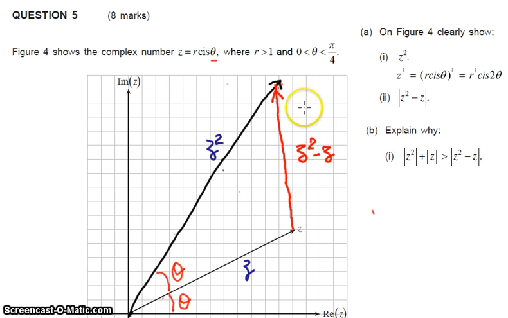And the modulus is the length of this complex number. So let's say this is A and this point is B. Then the modulus of z squared minus z is equal to the length AB.